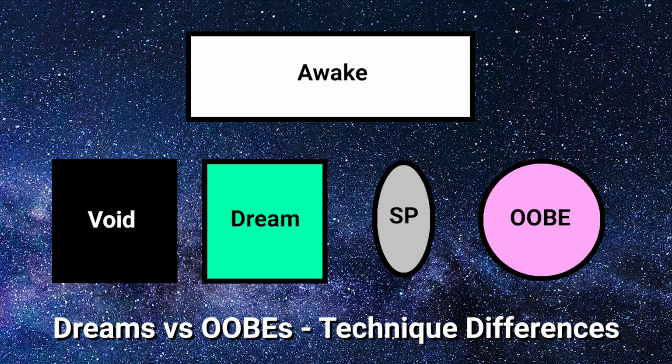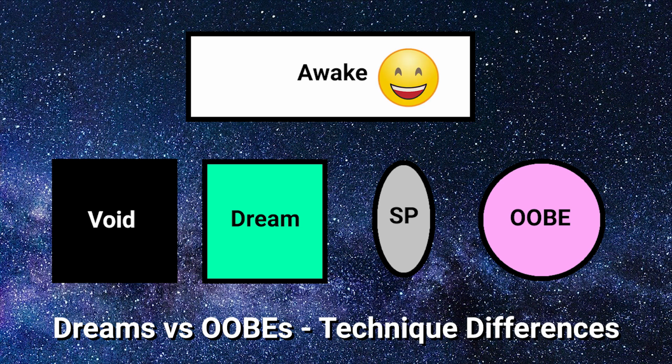So the next thing I'd like to discuss is dreams versus out-of-body experiences. One of the reasons that I think traditional dreams and out-of-body experiences are often confused or conflated, when I personally believe them to be two separate sleep states, is because of the similarity in and resulting confusion regarding their induction techniques.